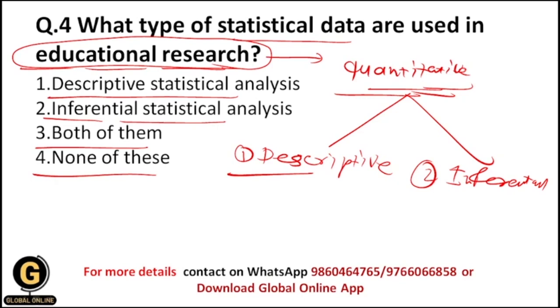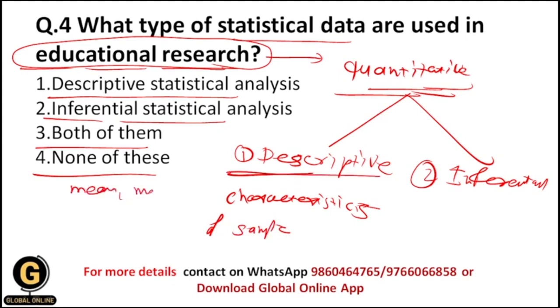Basically, here we are going to describe characteristics of a sample through computation. Descriptive statistical analysis includes mean, mode, median, standard deviation, then correlation.